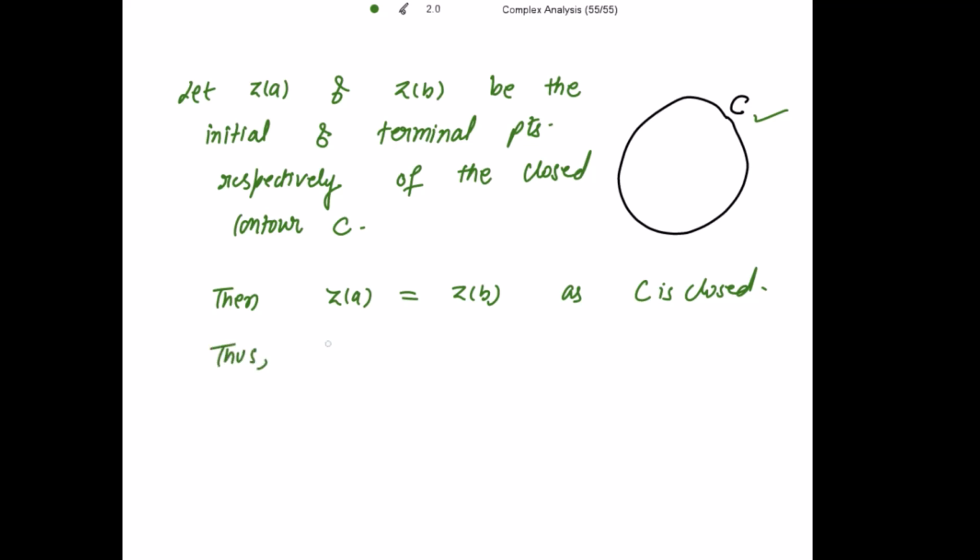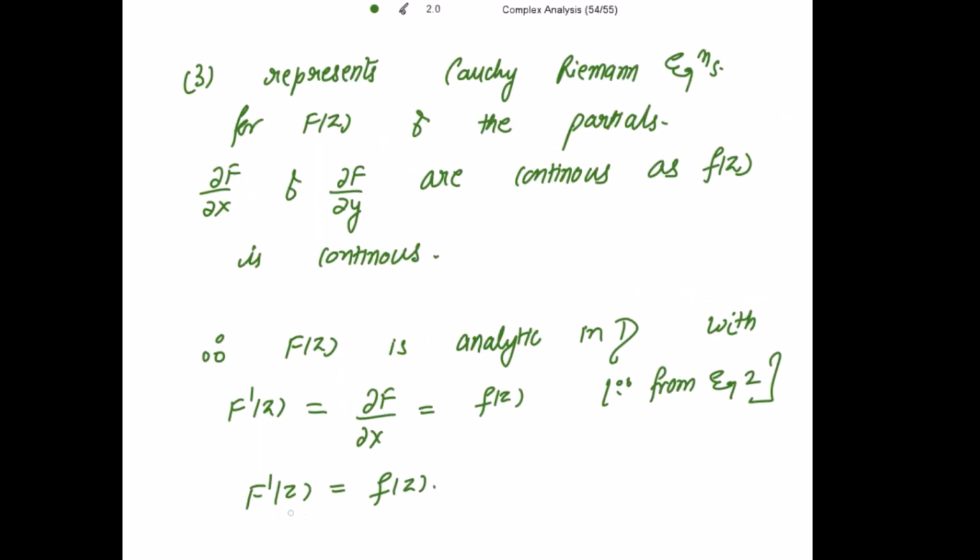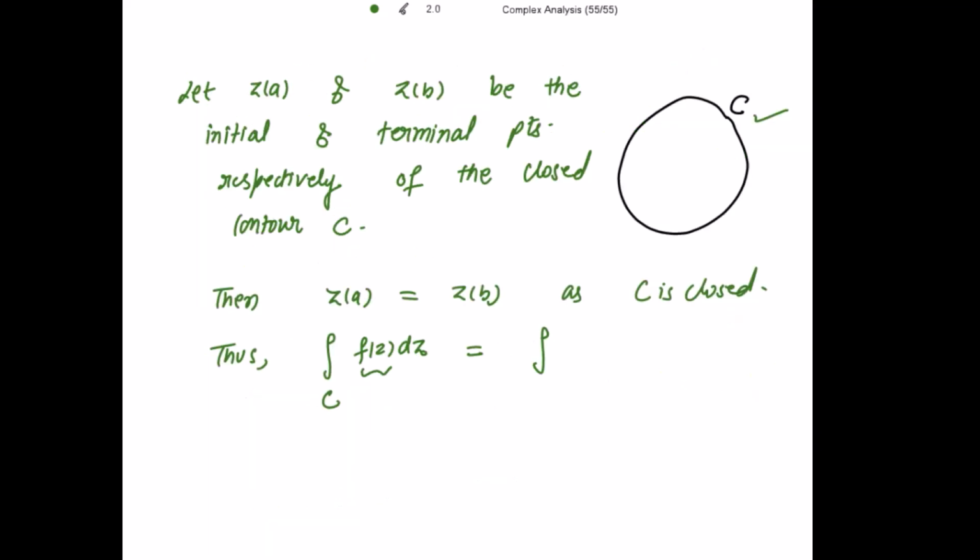Thus, the integral of f of z along this C is equal to, instead of f of z, I am writing capital F dash z, with the limits ZA to ZB, right? Reason: f of z is equal to capital F dash z. So this is equal to F of z, with the limits ZA to ZB.